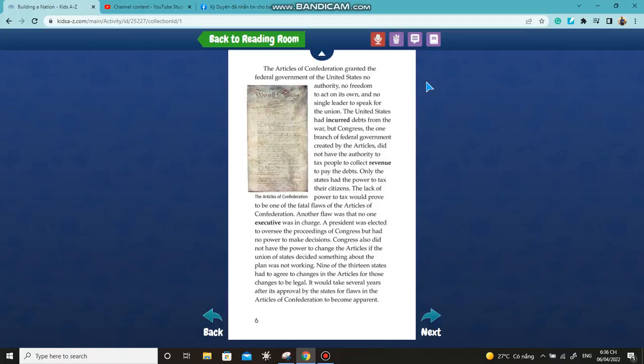Only the states had the power to tax their citizens. The lack of power to tax would prove to be one of the fatal flaws of the Articles of Confederation.